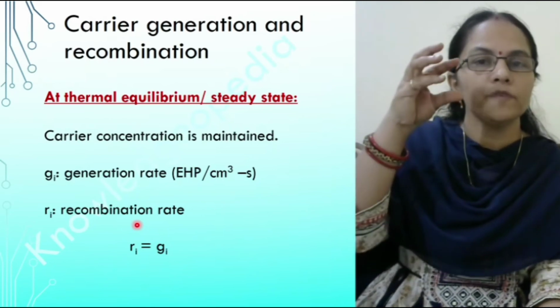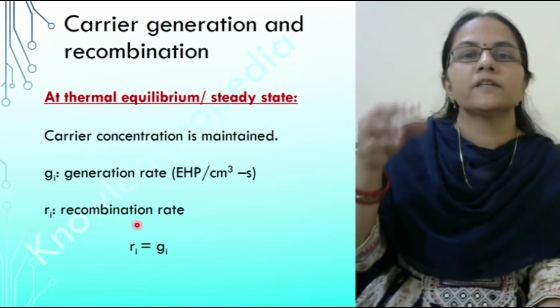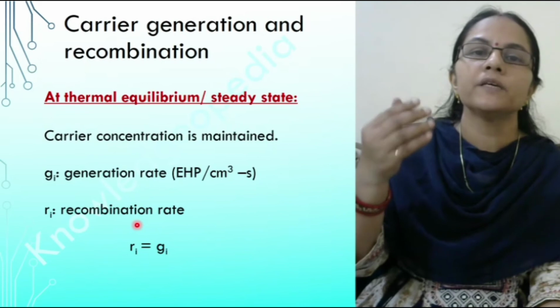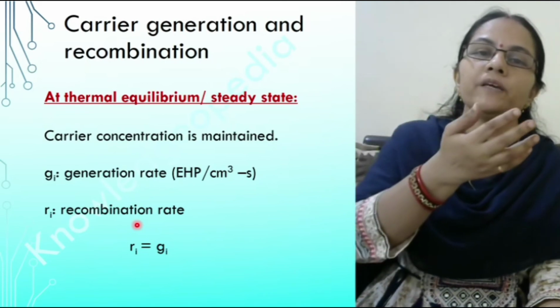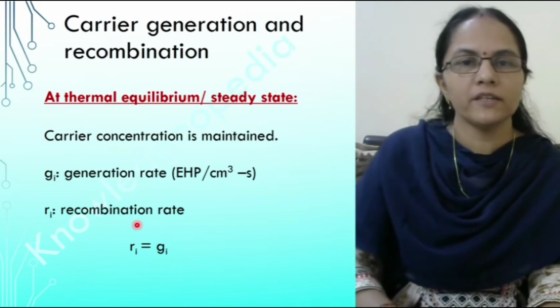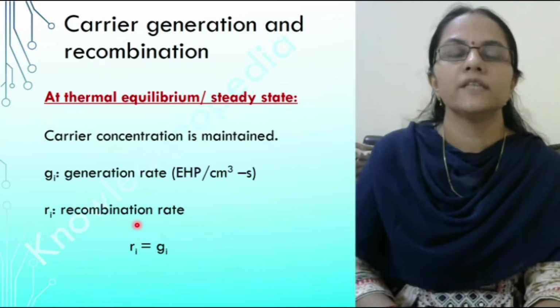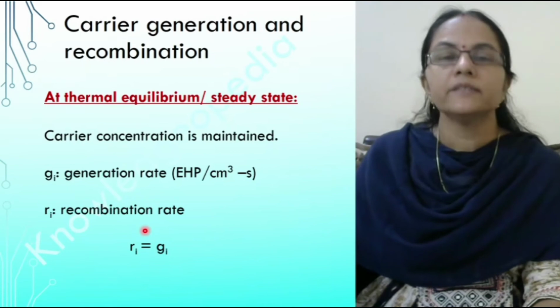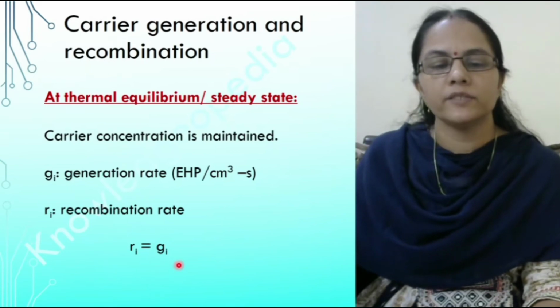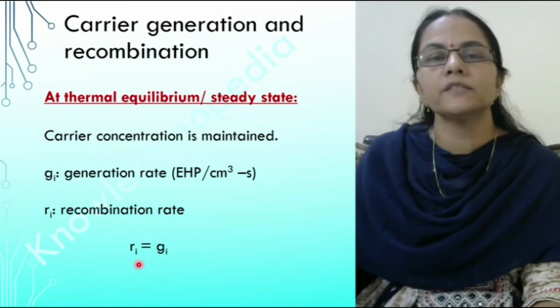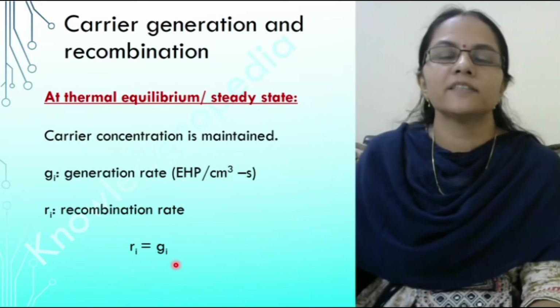That means if four electron hole pairs are being generated, there should be four recombinations as well, to maintain the number of holes and the number of electrons. That's why Ri is equal to Gi. Ri is the recombination rate and Gi is the generation rate.